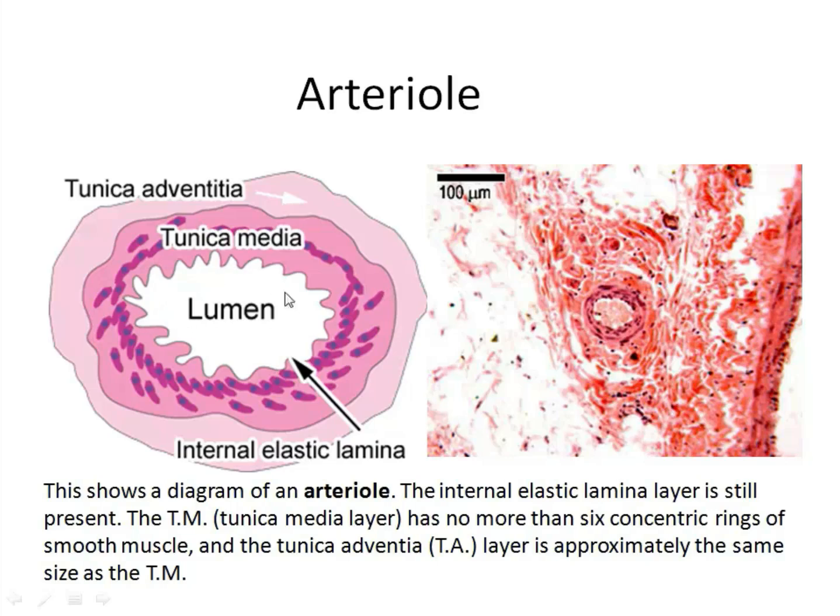This central portion is the lumen, that is the hollow cavity of the blood vessel. Then this dark pink color indicates the tunica media, a layer of smooth muscles. And these concentric lines of dark violet slipper-shaped structures indicate the muscle band.